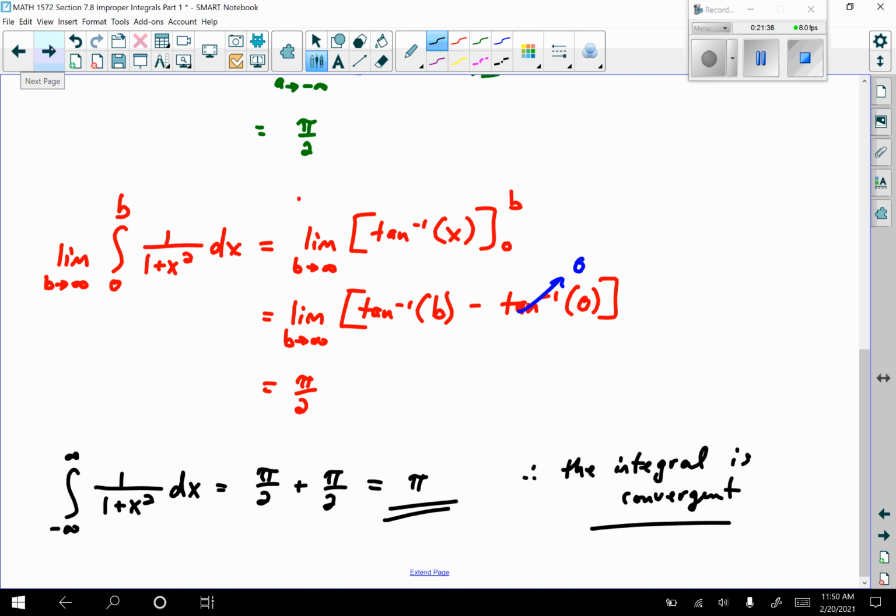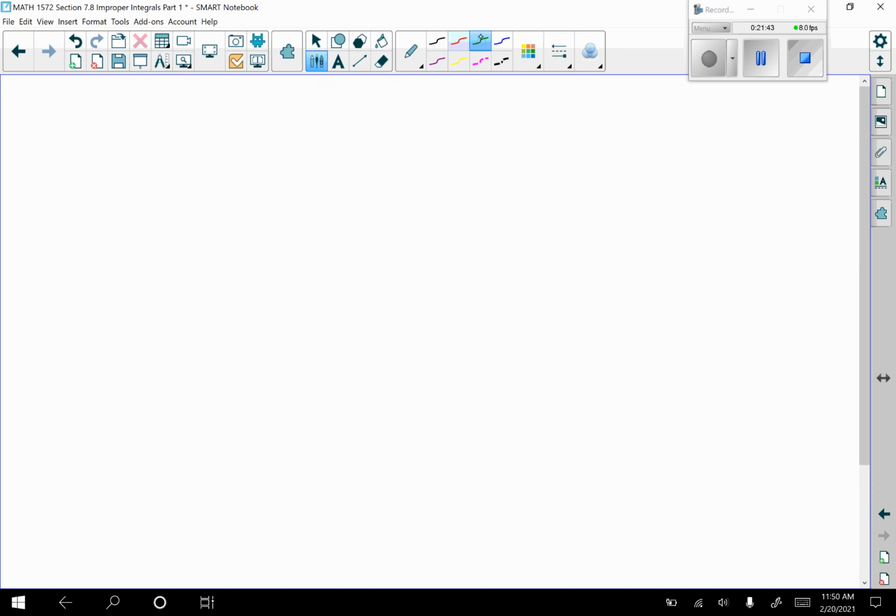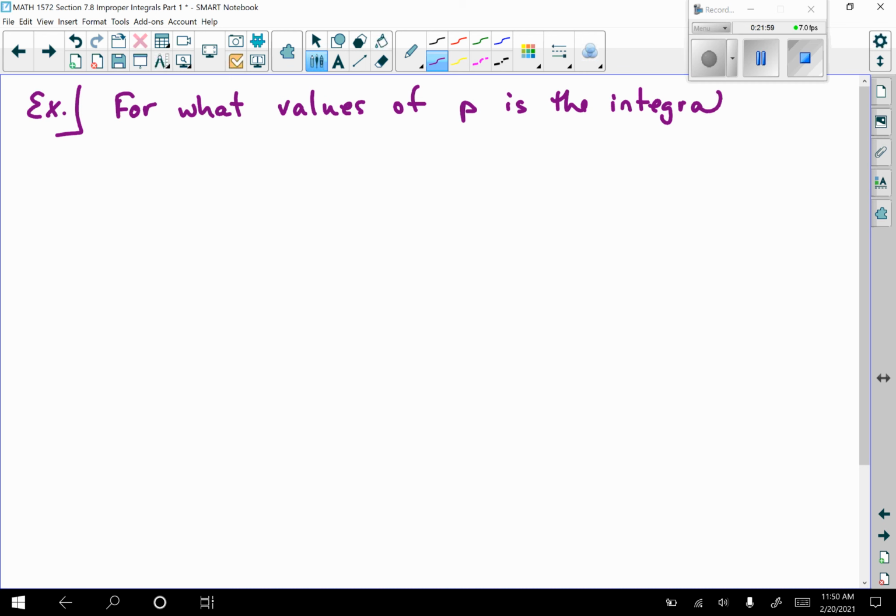All right, this next example is going to lead us to a very important fact that's going to help us throughout the next part. So we want to know for what values of p is the integral from 1 to infinity of 1 over x to the p dx convergent.